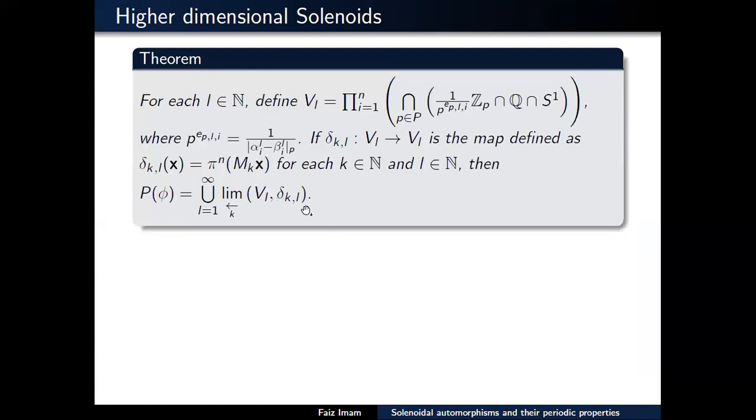So this is the result which we have obtained for this. A lot of the construction goes like constructing a diagonal. So we have basically what we did for n-dimensional solenoids, which occur as n copies of a one-dimensional solenoid. I'll just give you a rough idea.